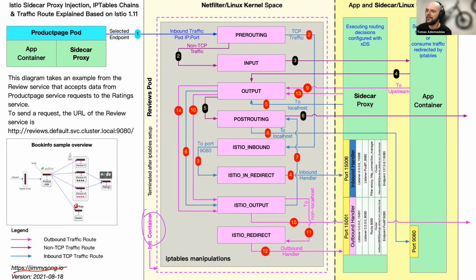That's how it's able to intercept all the traffic, by simply altering the default iptables configuration and routing all the traffic. I'm not going to go through all the steps that it does. That's just too much. It does that by routing all the incoming traffic to port 15006 and outgoing traffic to port 15001.